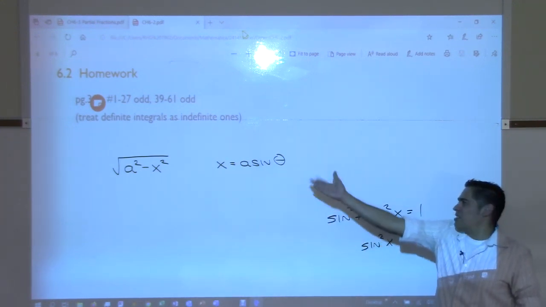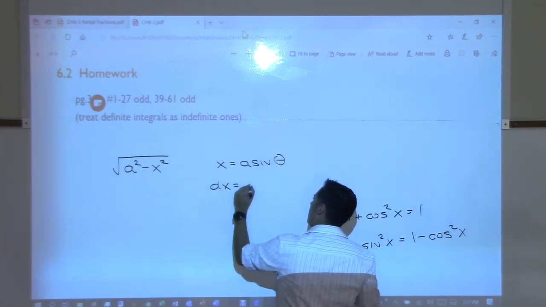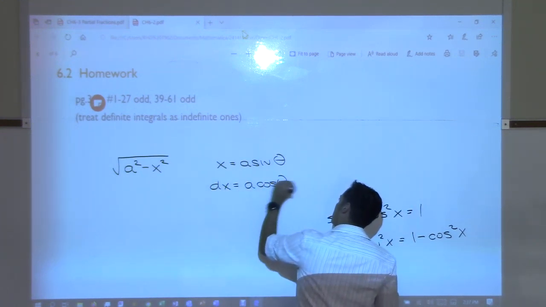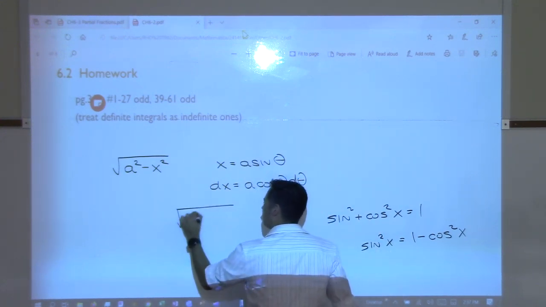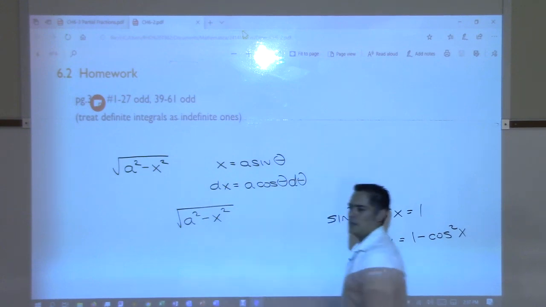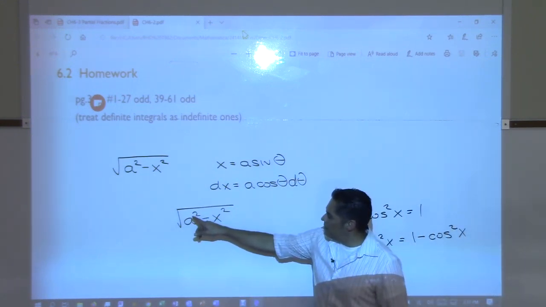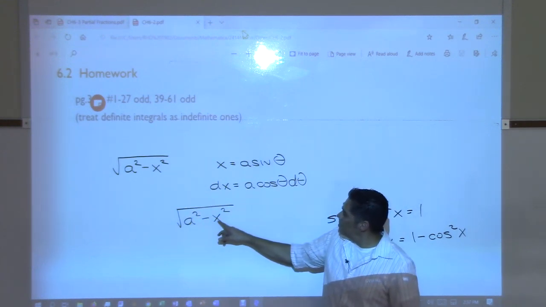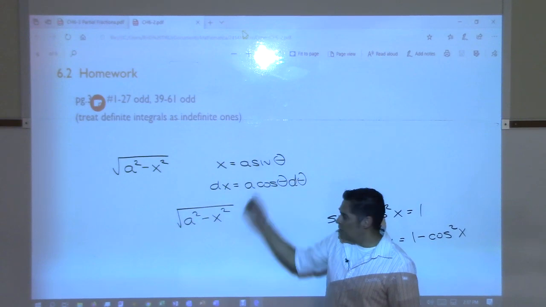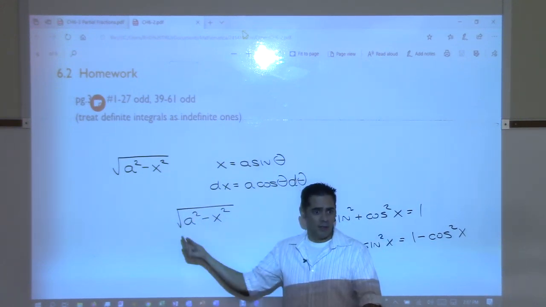Second thing is just take the derivative of that. So the derivative of this is a cosine theta d theta. And now how do I remember the root part? Same thing I just went through. This is like 1 squared. 1 minus what's x? Sine. So this is like 1 minus sine squared, which is cosine squared, but then square root.